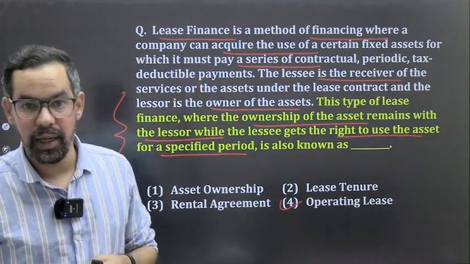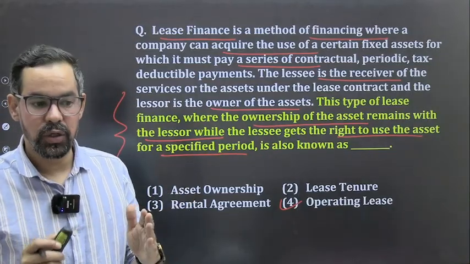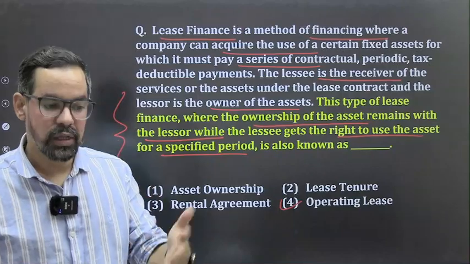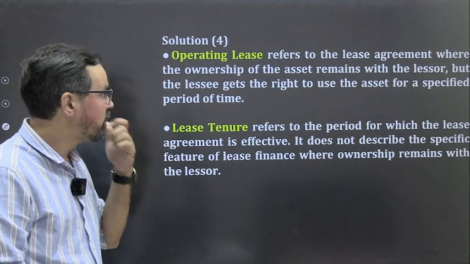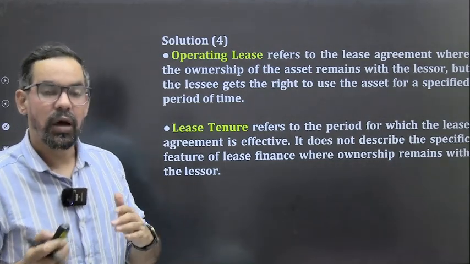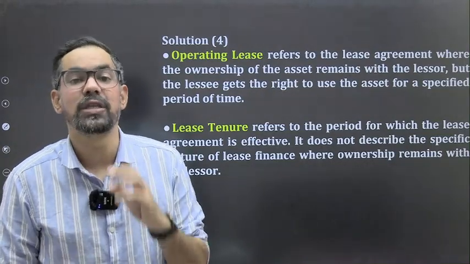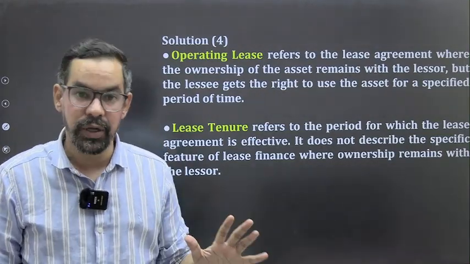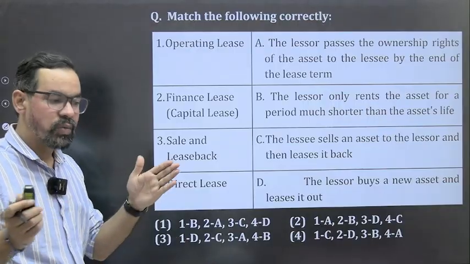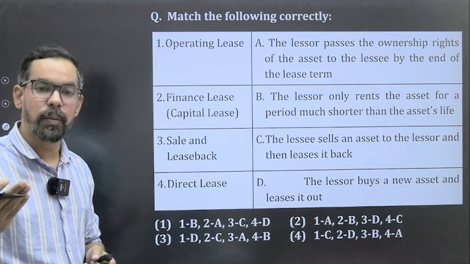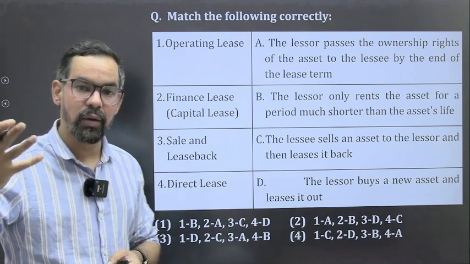Maintenance is generally done by the lessor, and the lessee uses that particular asset for a specific time duration. In return, they have to pay monthly payments to the lessor. So this is a simple case. Operating lease. In finance lease, it is long term in nature, non cancelable, and the lessee has the right to purchase that asset at the end of the lease period. So this creates the difference between the two. Lease tenure is for how long the agreement has been made. For example, if we are living in someone's house on rent for 11 months, that is the lease tenure. 11 months is the tenure, right? And the one whose house it is, is the lessor, and we are the lessee.